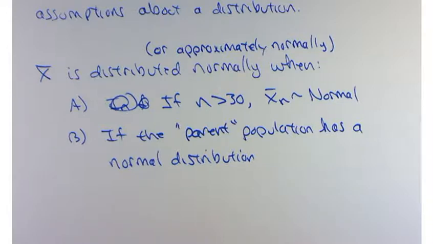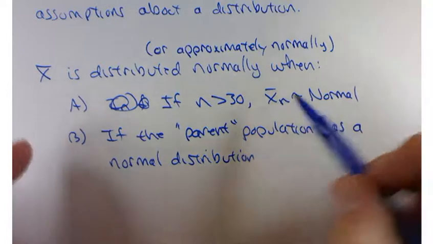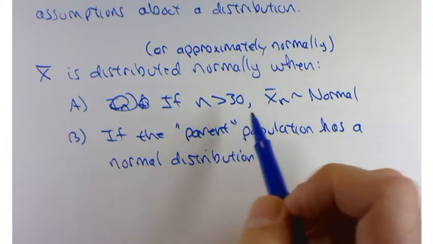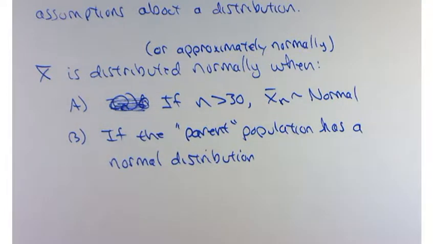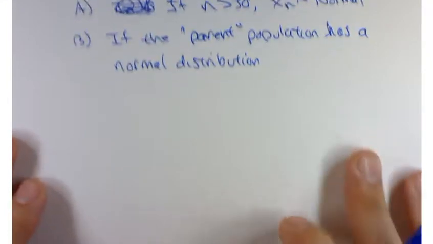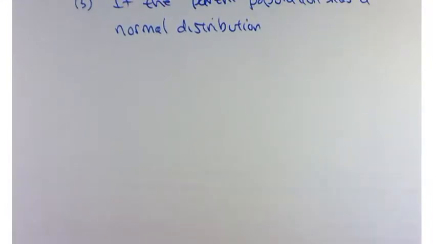Some of these requirements aren't so bad as long as you have a good enough sample size, or the sample you're drawing from comes from a population that's at least symmetric. But if you can't do that, then we have to do something else, and those are our non-parametric tests.